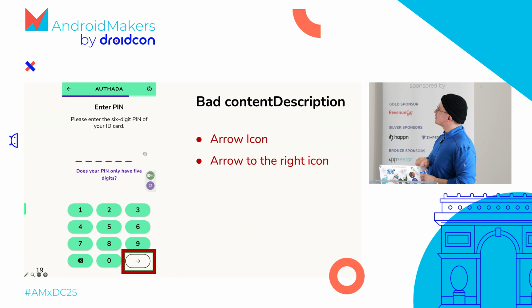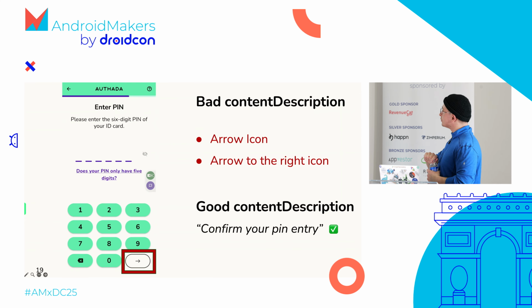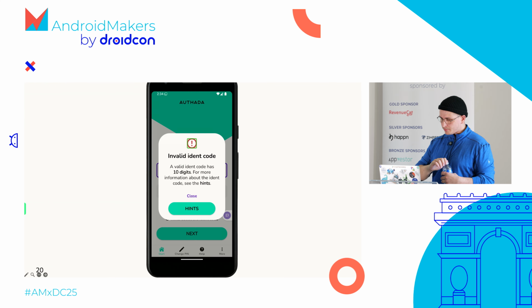Yes, fixed. A person who uses TalkBack or assistive tech every day would understand what it means, but why would we make it more complicated and leave room for interpretation? We can just right away put a good content description, which will say confirm your PIN entry. So the rule here is that we do not describe what's on the image. We describe what will happen once the user presses a specific element.